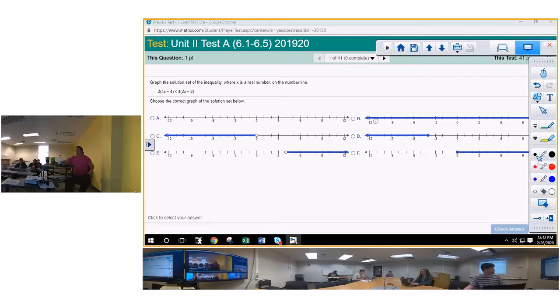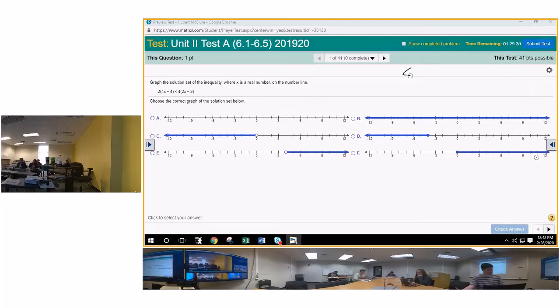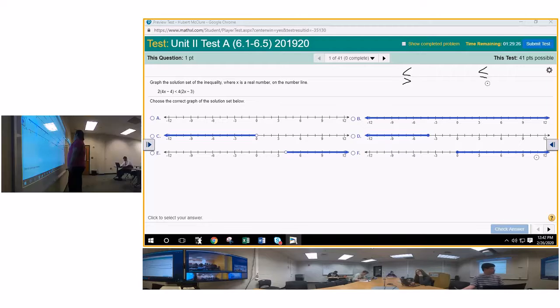When we do inequalities, you have to write down the following information. This is your key. These two guys get an open circle, parentheses, or a dashed line.